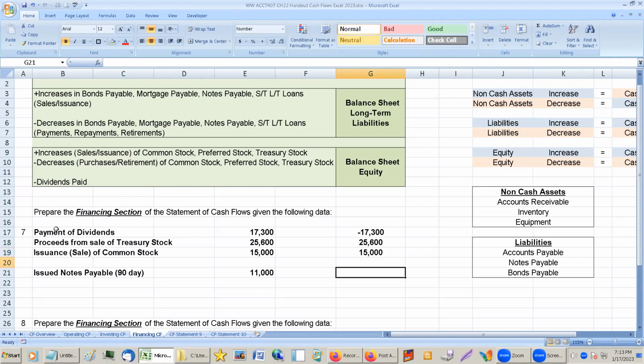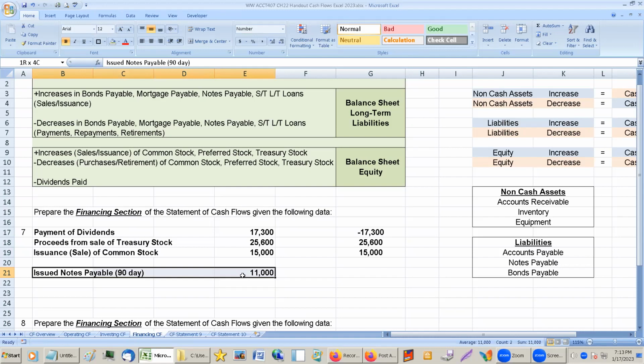And this is the strange one. If you have things like notes payable, especially, it could also be short-term loans and things like that. Things that aren't like accounts payable for buying merchandise that you owe to a vendor, but say you go to a bank and get a short-term borrowing.